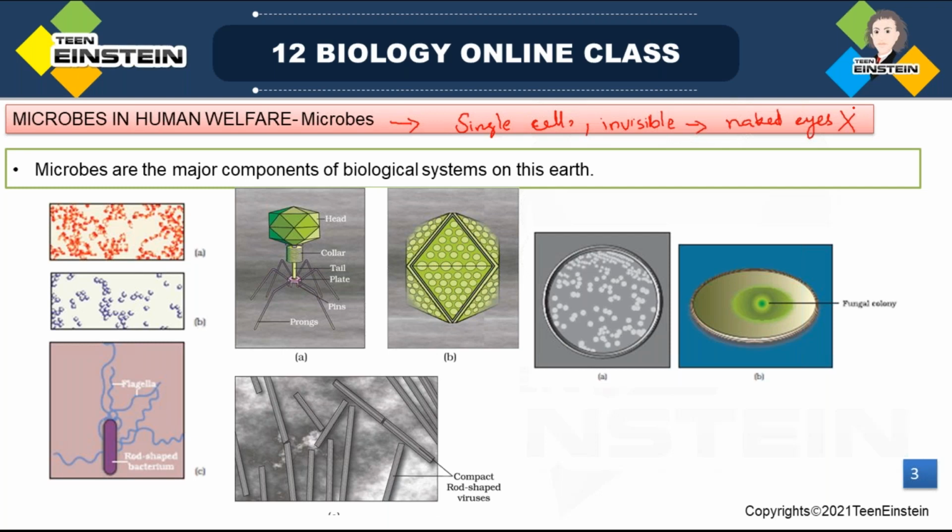We cannot see them. Minute structure, so they can be seen under a microscope. Under a microscope, we can watch all these organisms with higher magnification. With our naked eye, it's impossible to see these organisms.